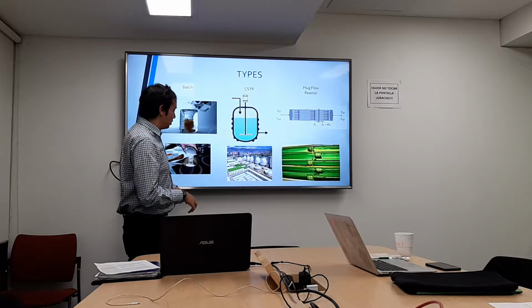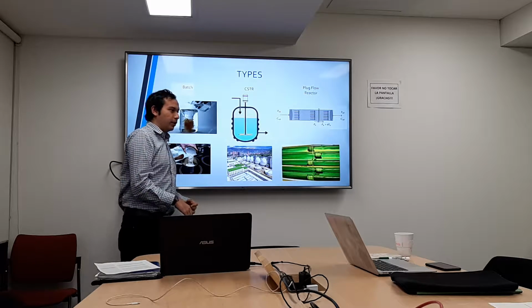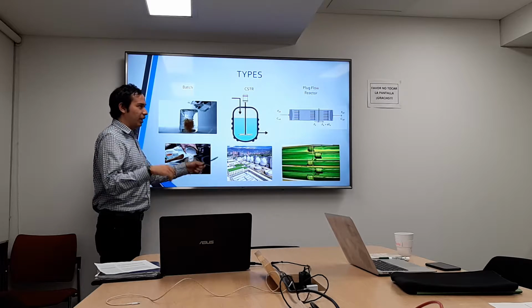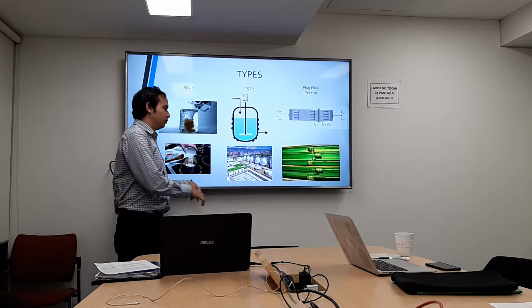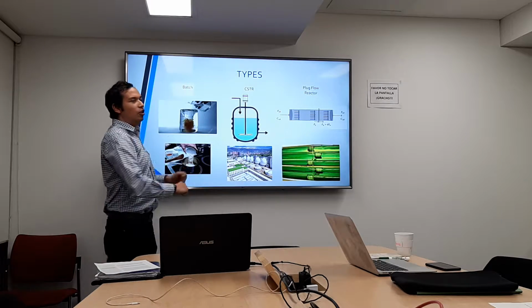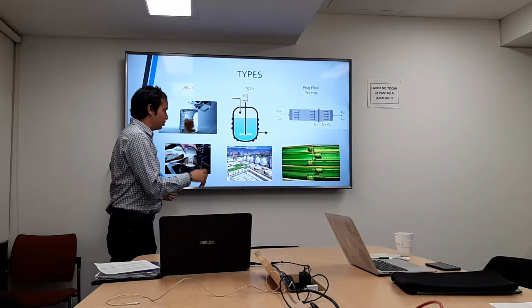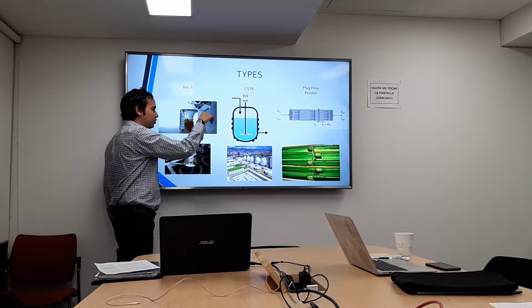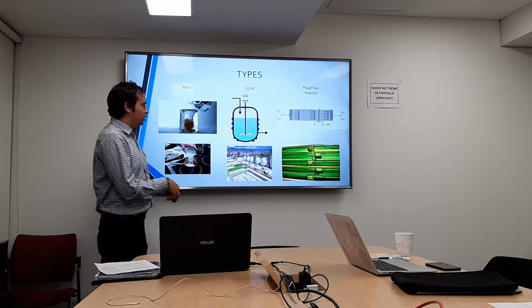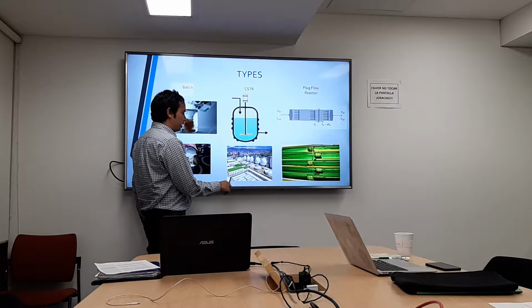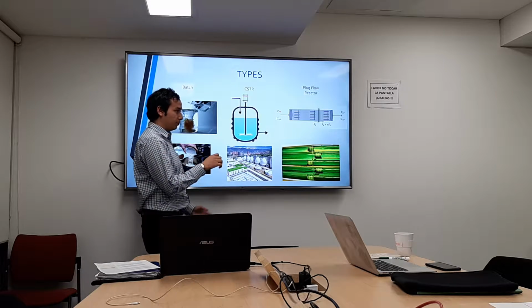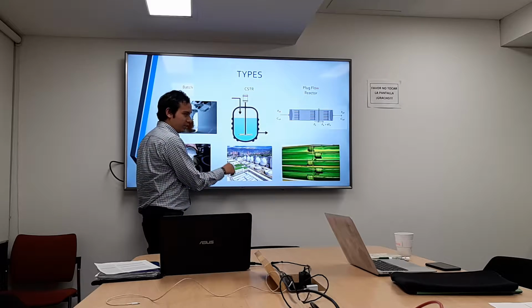This type of reactor is usually applied on industrial scale involving large quantities of reagents and products, and therefore a large size of the reactor. For example, this operation can be used for the treatment of wastewater.